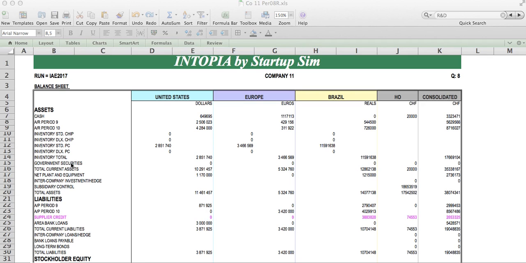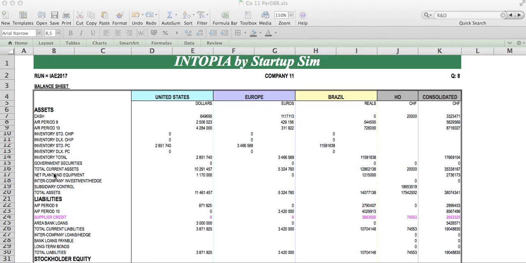Government securities are bonds, government bonds that I have purchased in the past and that can be sold. So that has a maturity of 1 quarter actually. So it's very close to liquidity. And then comes a total called total current assets, which is the sum of all assets until that point, which are considered relatively liquid, and that's why they're called current.